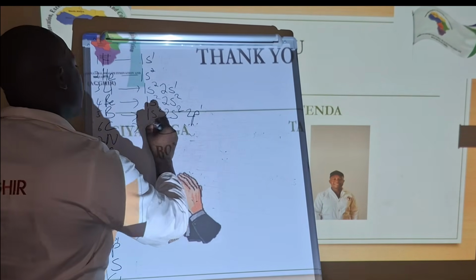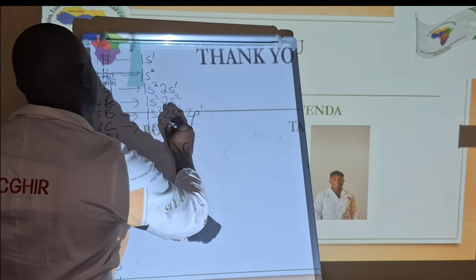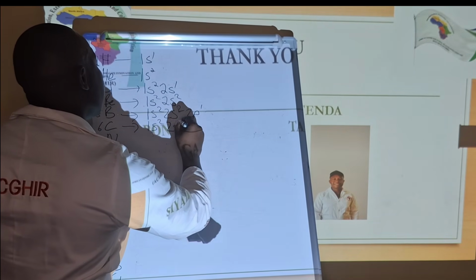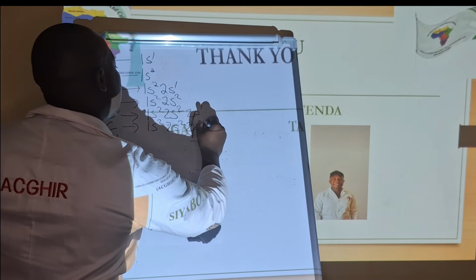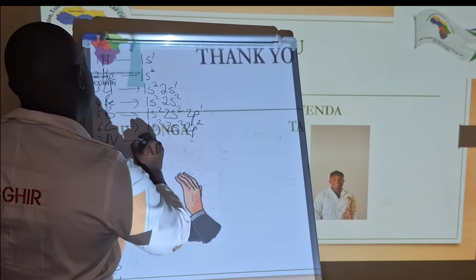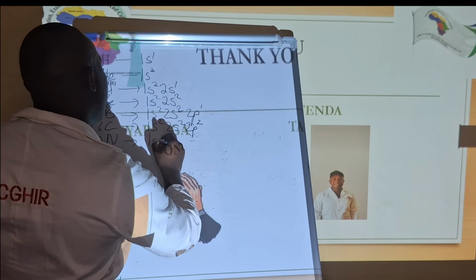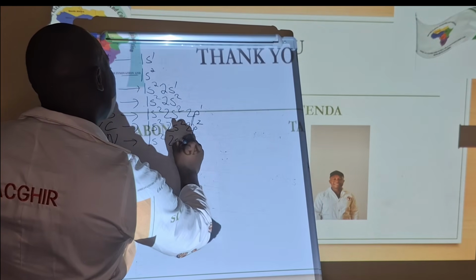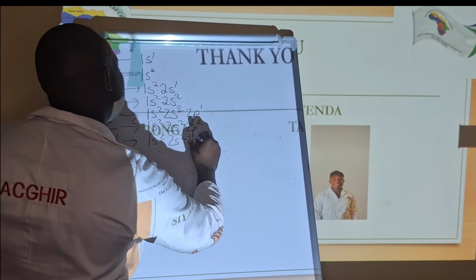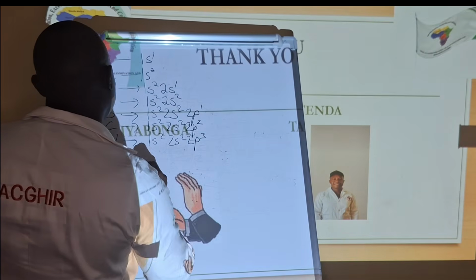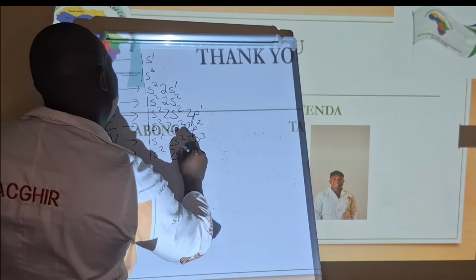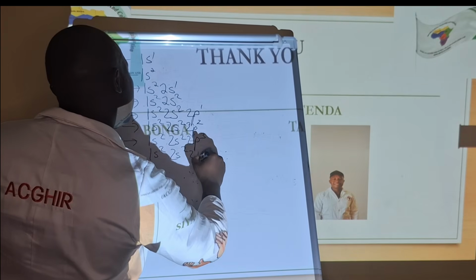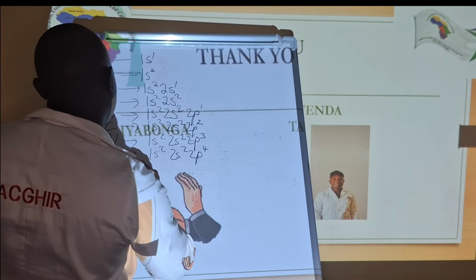Right, carbon, we have got 1s2, 2s2, and 2p2. Okay, nitrogen, 1s2, 2s2, 2p3. Oxygen, 1s2, 2s2, 2p4.